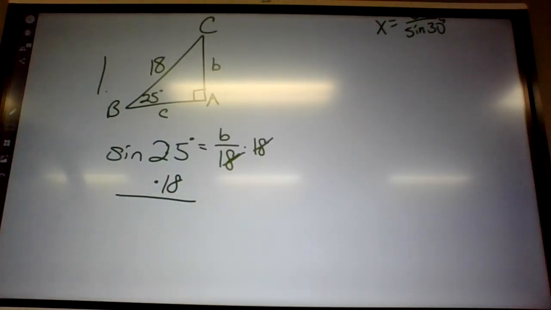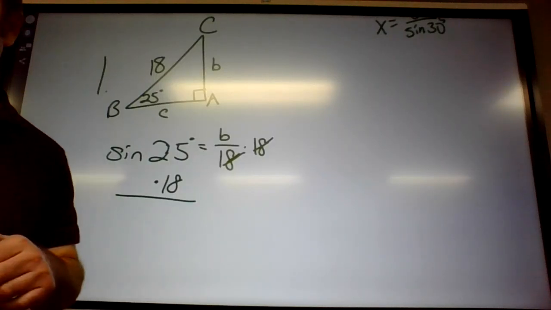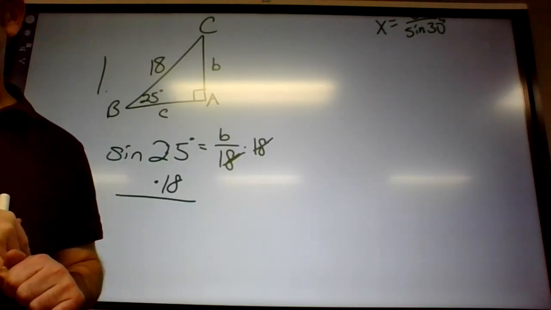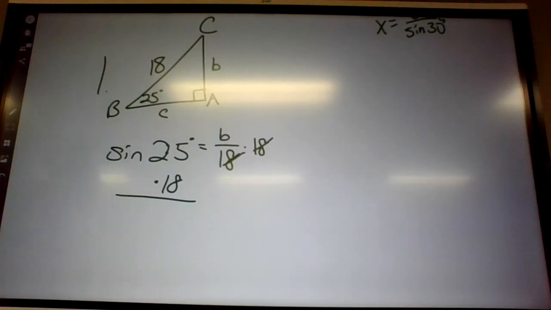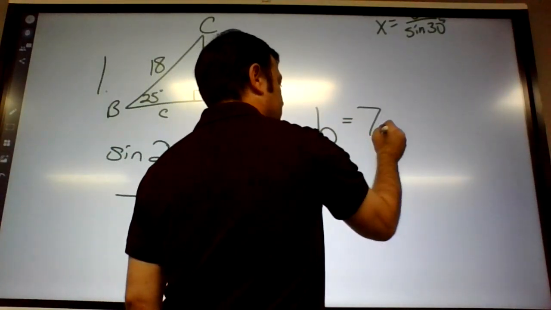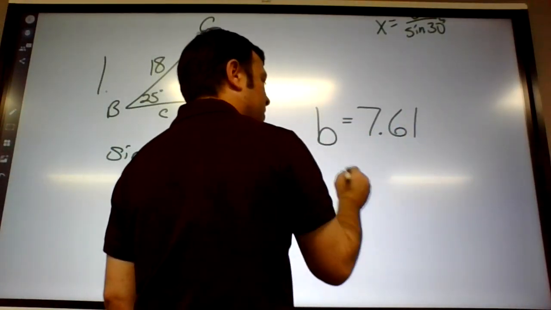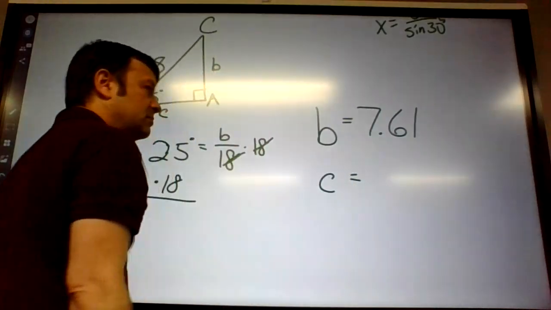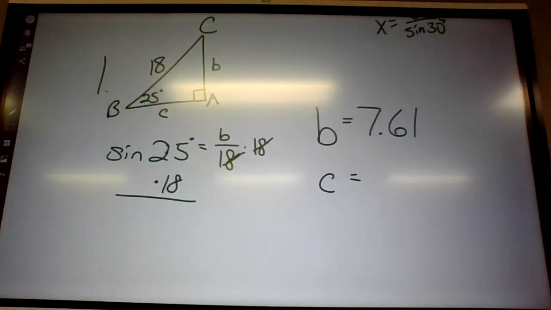Let's everybody plug it in, make sure our calculators are working right. We got, the book says, well, what did you guys get? 7.61. So the directions were 3 digits, rounded to the third digit. So yeah, 7.61. So hopefully you got that on your calculator.